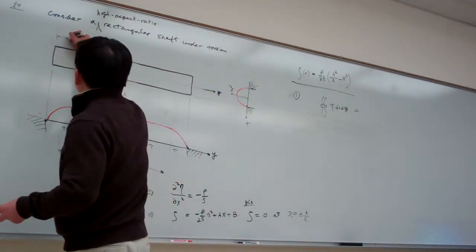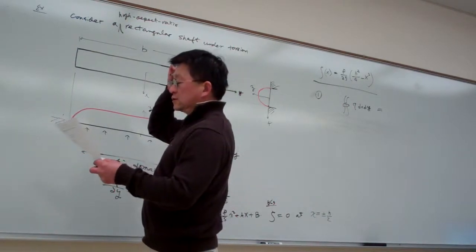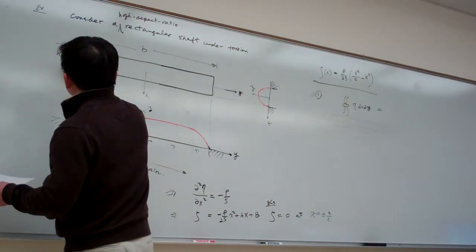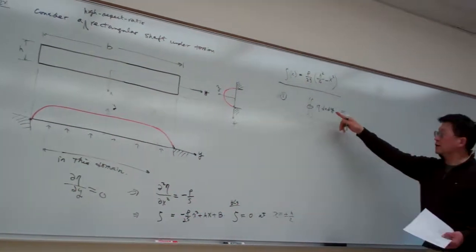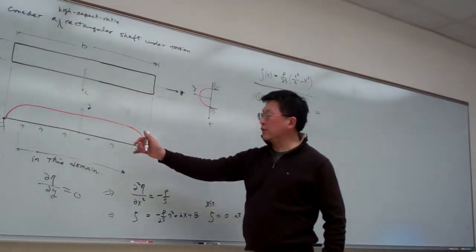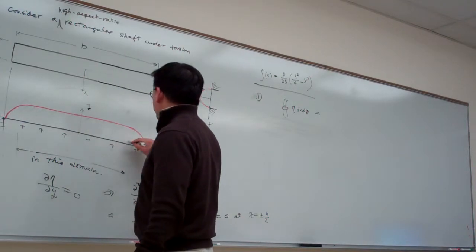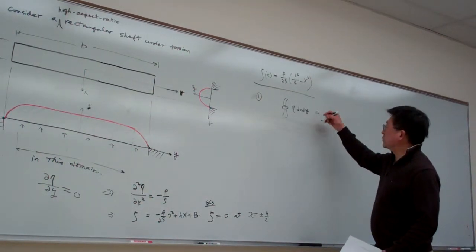Say the whole dimension is B, and this dimension is H. Given those dimensions, if we only approximate the volume here, we're going to use that as an approximation of the whole volume.